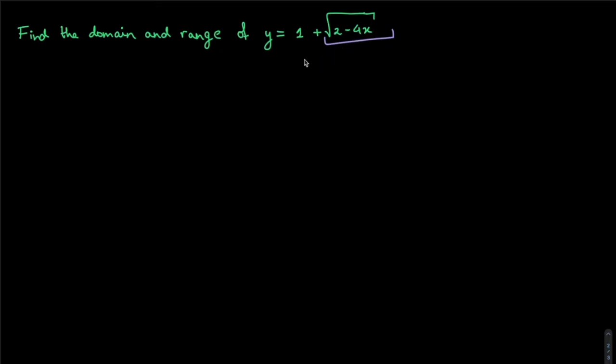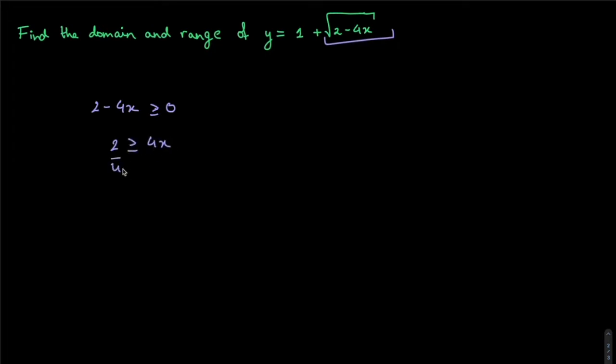So let's just focus on this part that I've underlined in purple. We have everything under the square root, and that's what matters: 2 minus 4x. Again, we know that this cannot be negative, so it has to be greater than or equal to 0. If I solve for this, I get 2 is greater than or equal to 4x.